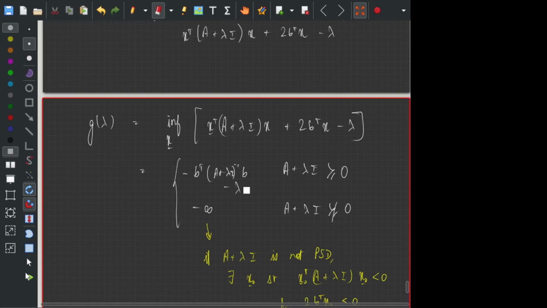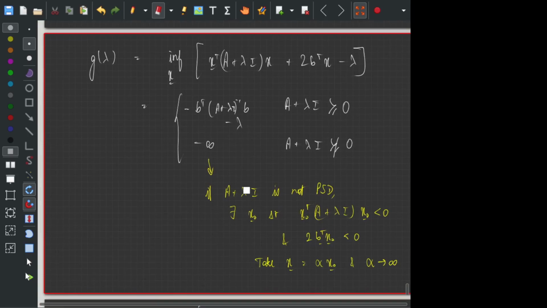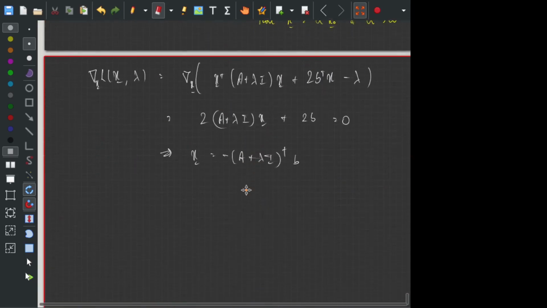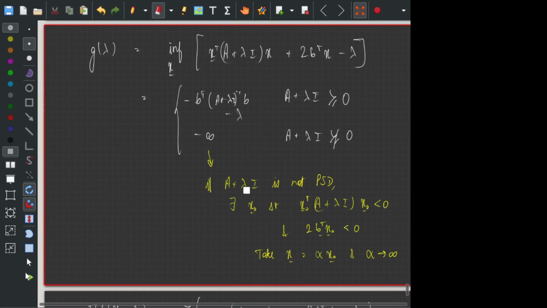Okay, so what is the dual optimization problem?